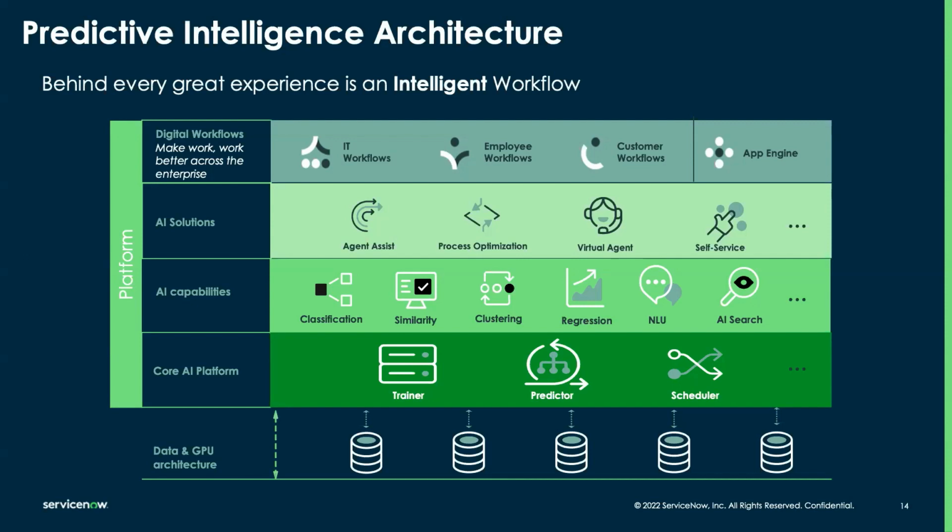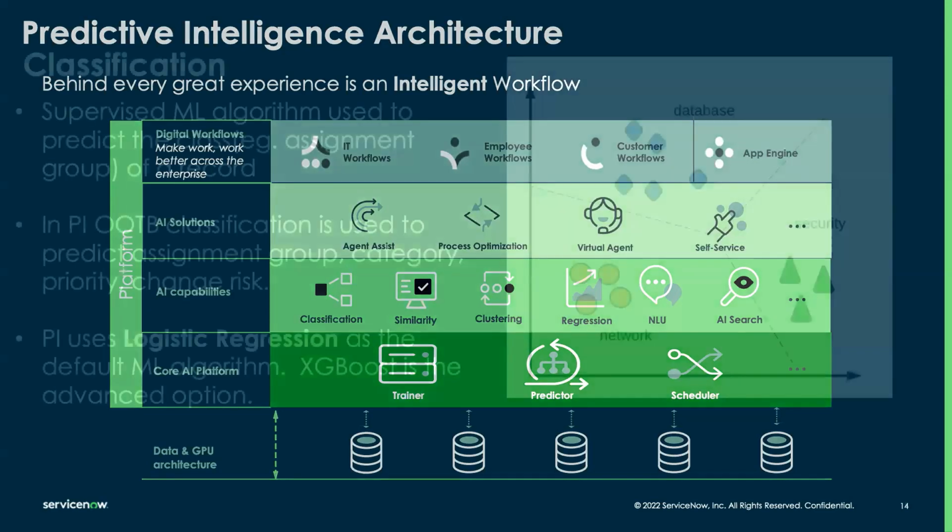I talked a little bit about process mining. Well, that's in our process optimization. The virtual agent uses the NLU. So we have a host of AI-powered solutions that use all those AI foundational capabilities. And all of those capabilities can also be embedded into your workflows to make them more intelligent. Okay. And then what's nice is we have the whole infrastructure to take care of all the training and all the prediction for you.